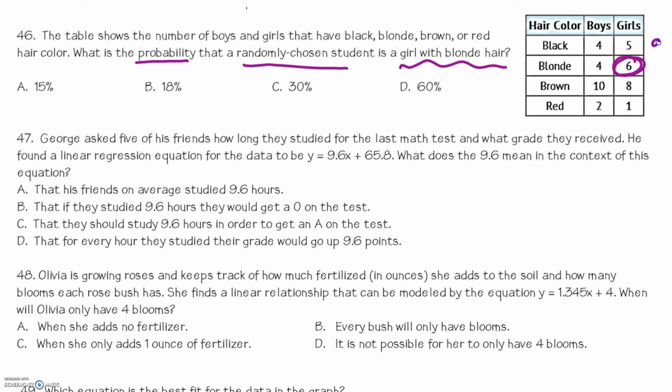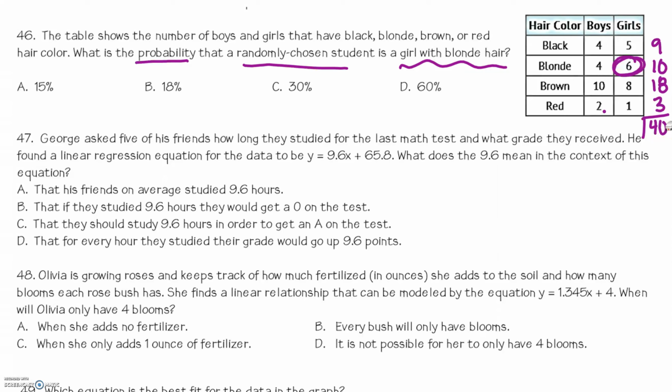So 4 plus 5 is 9. 4 plus 6 is 10. 10 plus 8 is 18. 2 plus 1 is 3. And then if I added all those up, you get 9 plus 10 plus 18 plus 3. I get a total of 40. That should be my grand total right there. Okay.